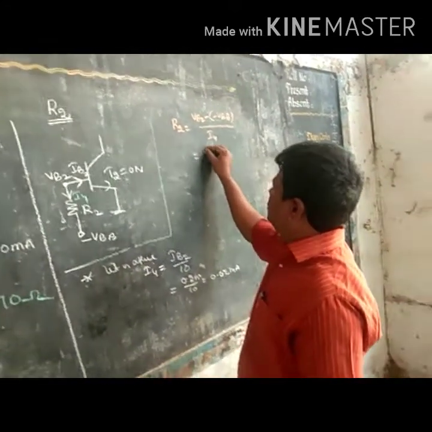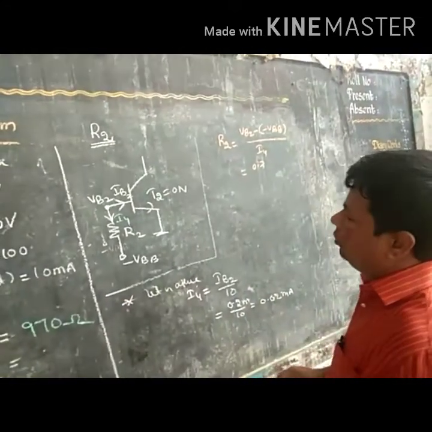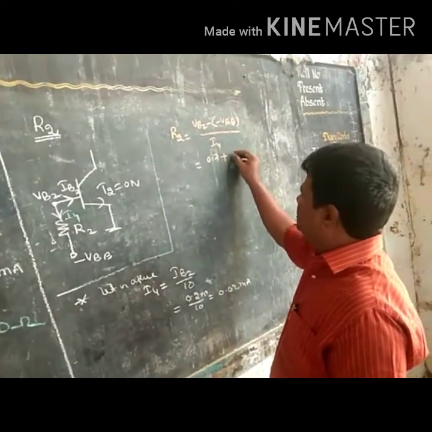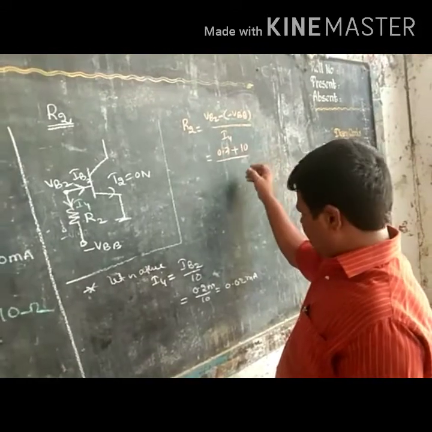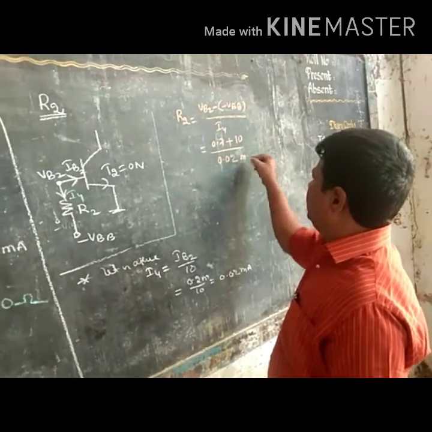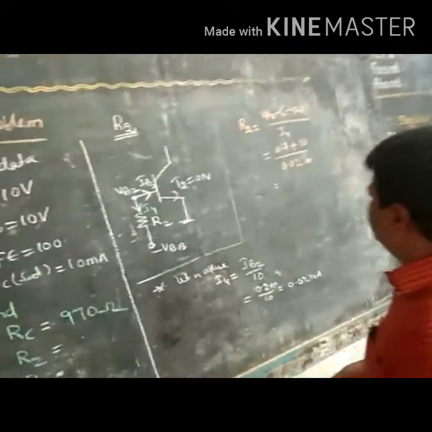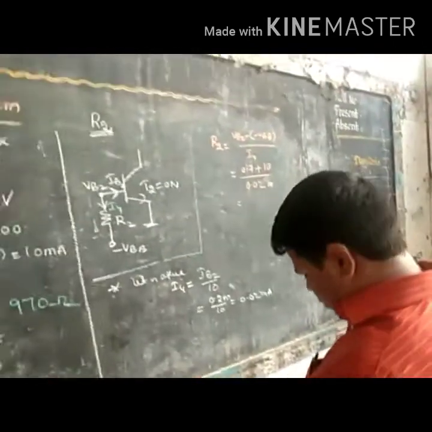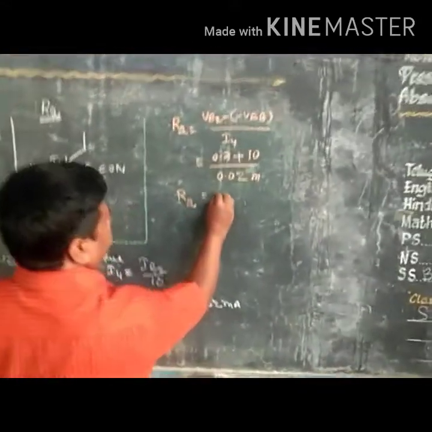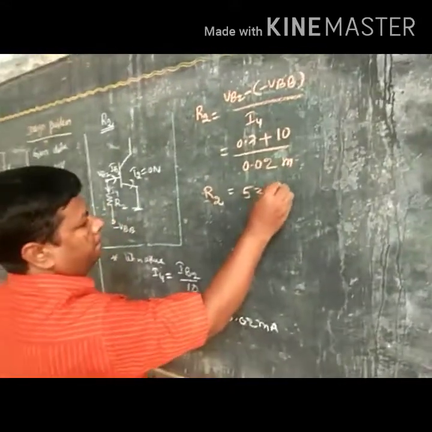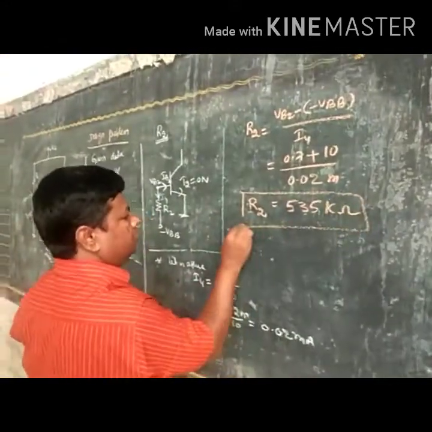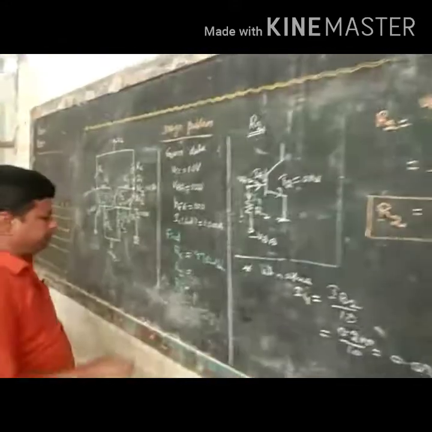This VB2 is equal to 0.7 because T2 transistor is on, minus minus 10 by I4, 0.02 milli. Then from that, R2 is equal to 535 K. R2 value is equal to 535 K.